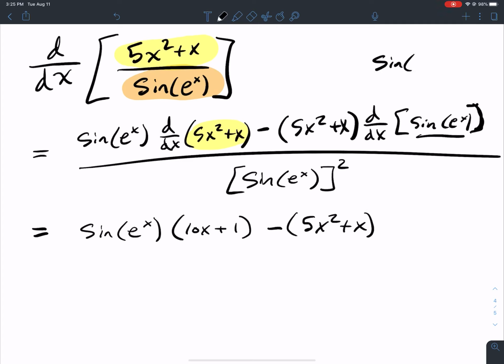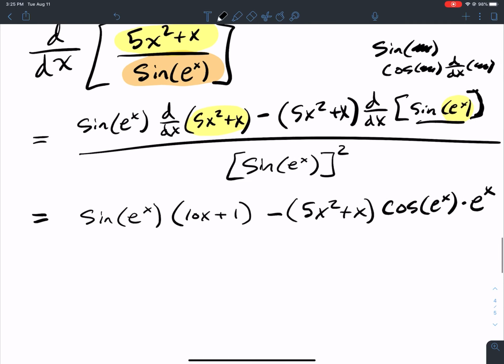So the derivative of sine of squiggle is cosine squiggle times the derivative of the squiggle. Okay? So the derivative here is cosine e to the x. The squiggle is my e to the x here, right, times the derivative of e to the x. Well, the derivative of e to the x is easy.